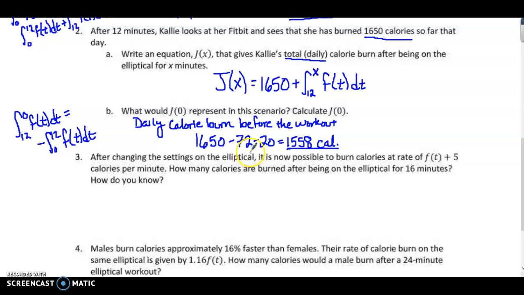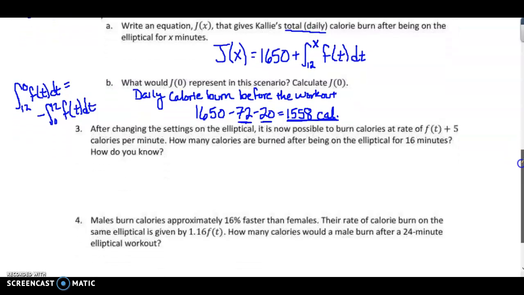And in case you're wondering where I got this 72 and this 20 from, these are the integrals, the calorie sum totals from 0 to 4 minutes, and then of course from 4 to 12 minutes. Okay, so these are the values we got earlier. We're subtracting those from the 1650, and that gives us the number of calories she burned before she actually started this workout.